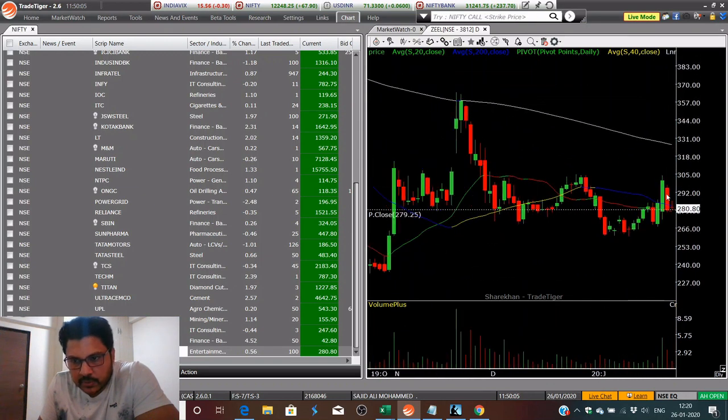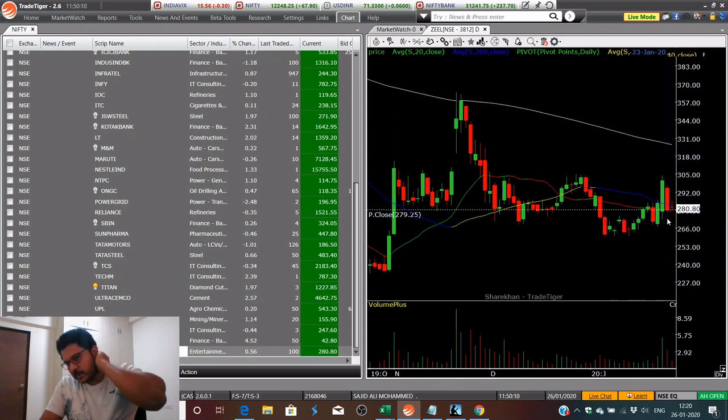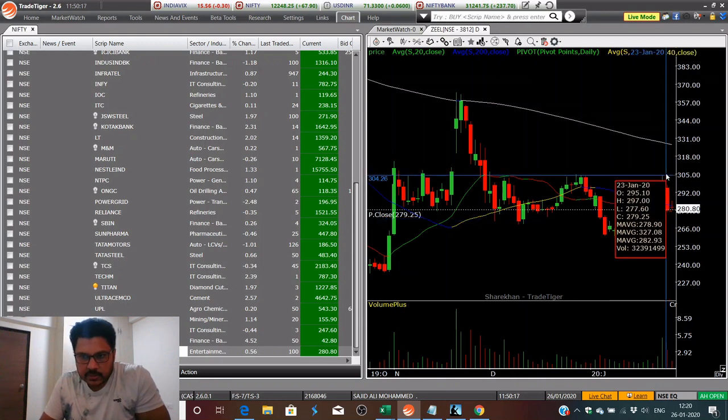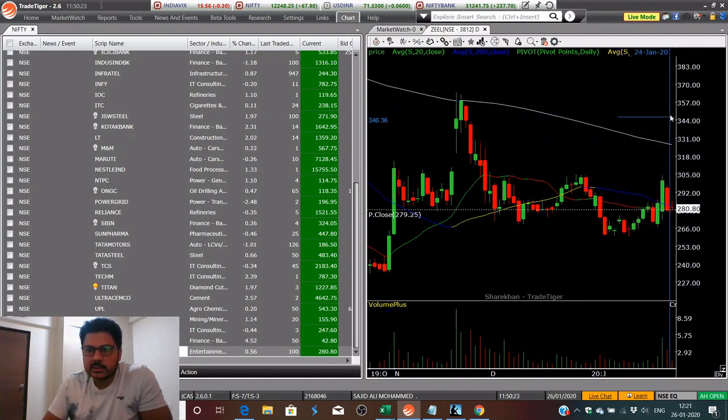So look out for short opportunities in Zee. If it breaks this low, the previous big candle's low, then we can expect this bearishness to continue. Otherwise you can expect this to reach 330, the first target, and if it clears this, then there is a lot of scope for it to go up.